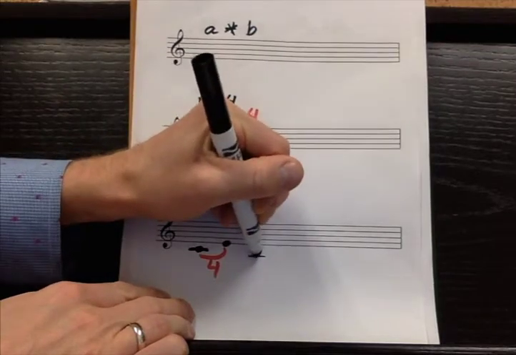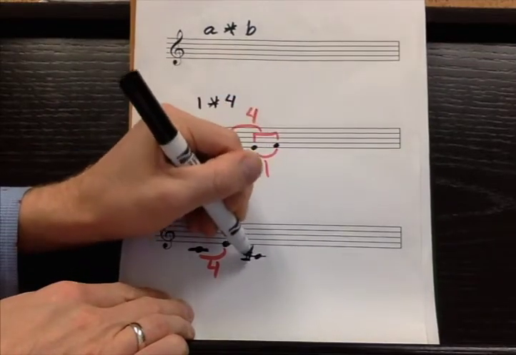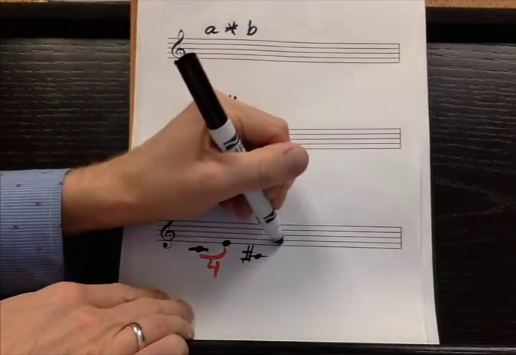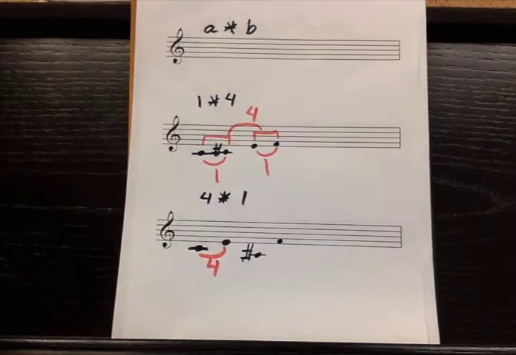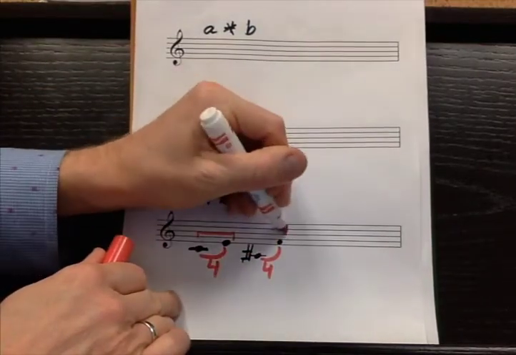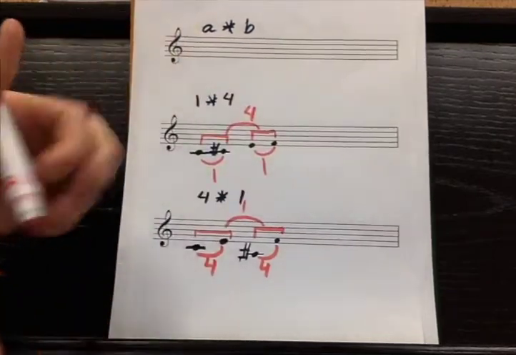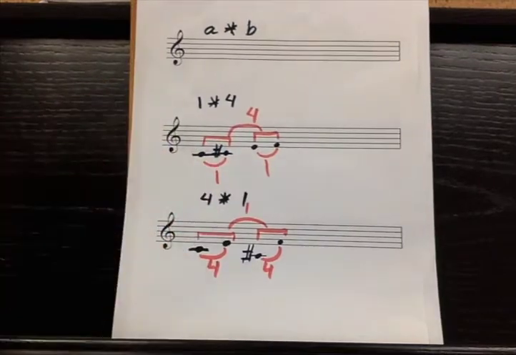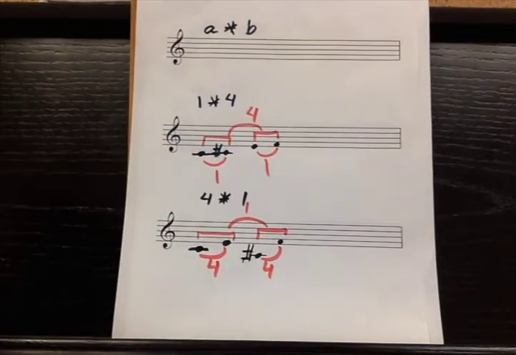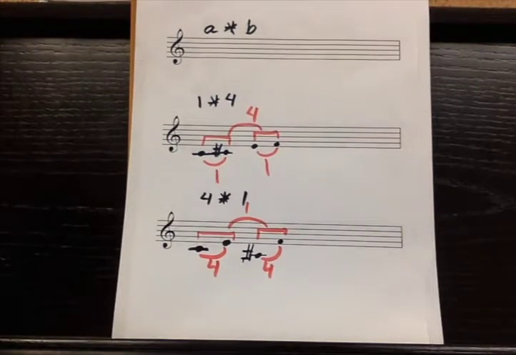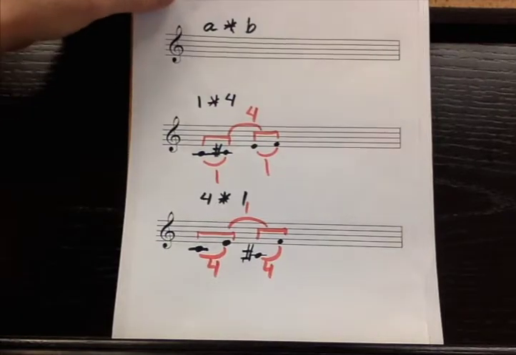So C goes up to C sharp, and E goes up to F natural. And our notes are C, E, C sharp, and F natural. And if you compare those two, I think you'll see that it's the same set of notes. The first example and the second example. So that is how you do transpositional combination.